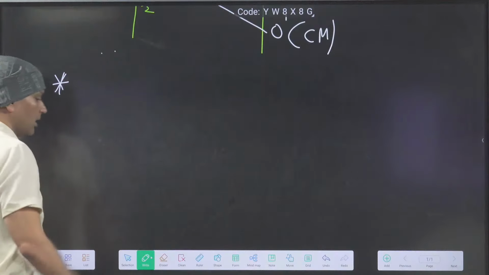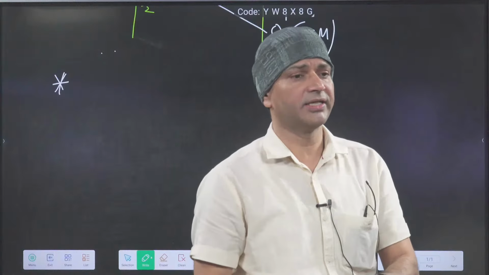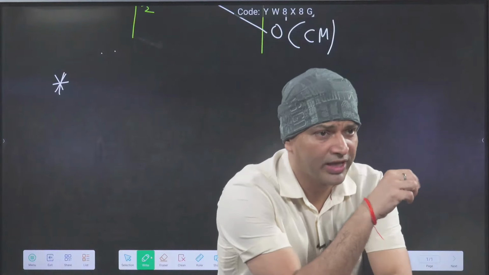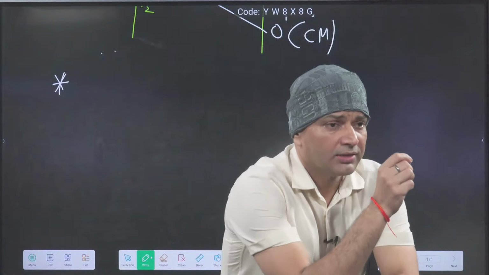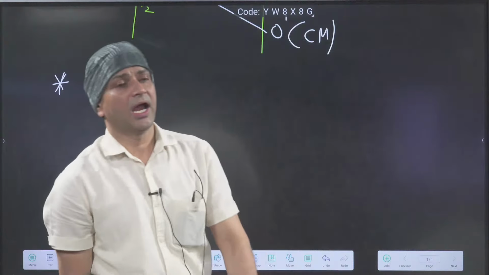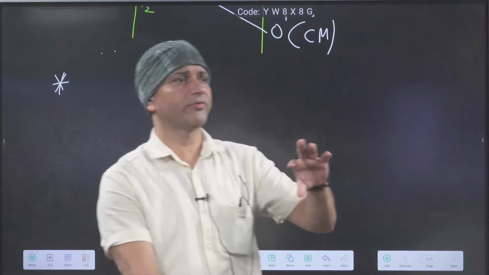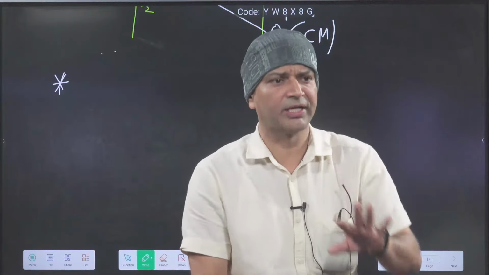Next point. Suppose they are saying in YDSE, when we are using wavelength lambda 1, at any point I am getting the n1th maxima, and when we are using lambda 2, at the same point we are getting a maxima or minima.